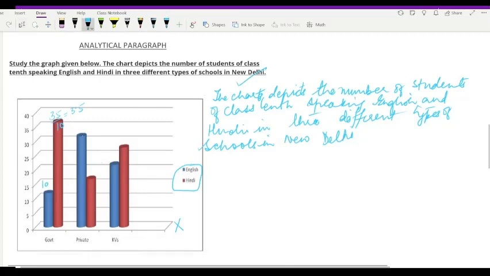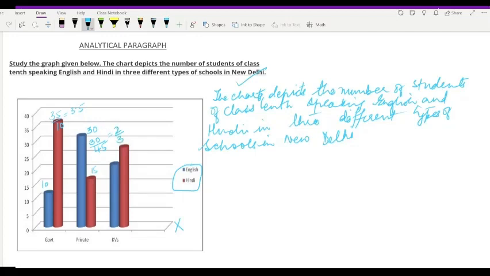Coming to the data given for the private school, you can see that the students who prefer speaking in Hindi are just 15 as compared to those who prefer to speak in English, that is 30. So if we are trying to take out the ratio, that will be 30 upon 45, and that will give us 2 upon 3.